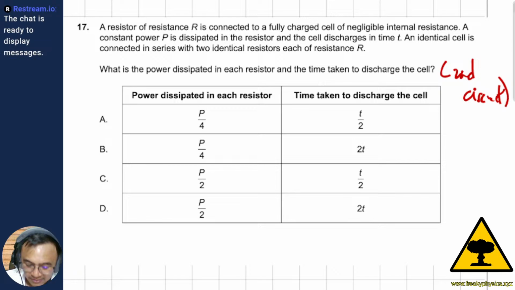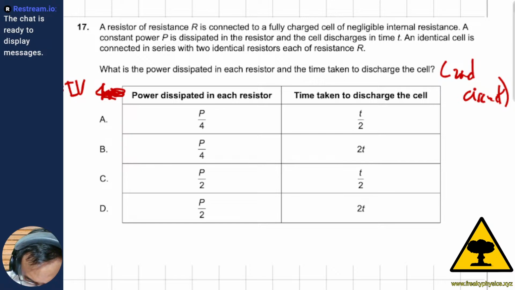Before we go there, let's go back to power. Power in electric circuits or in resistors would be equal to IV. That's in the data booklet.